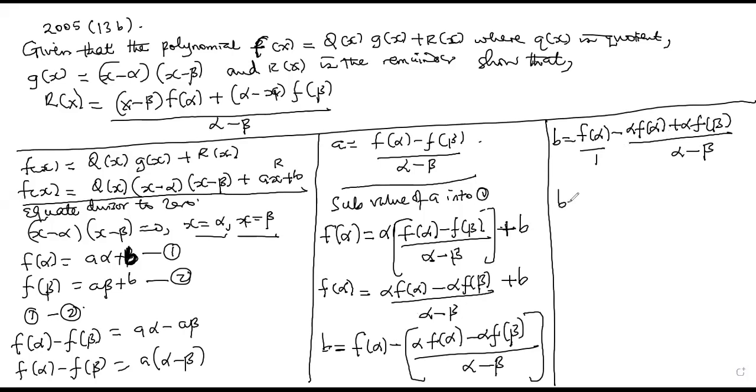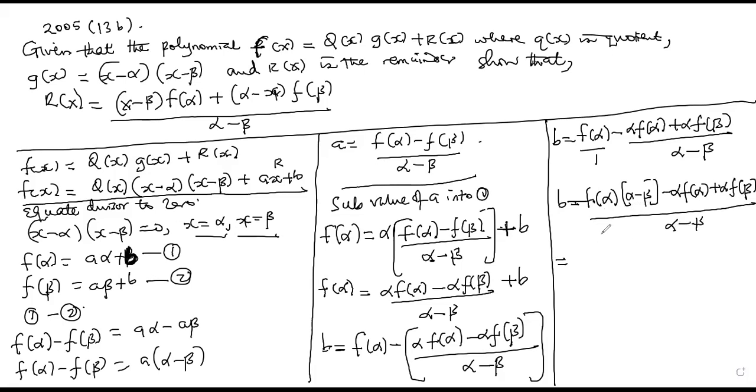So my b is going to be equal to f of alpha into alpha minus beta, because there is 1 times that. So minus alpha f of alpha plus alpha f of beta, everything I divide by alpha minus beta.